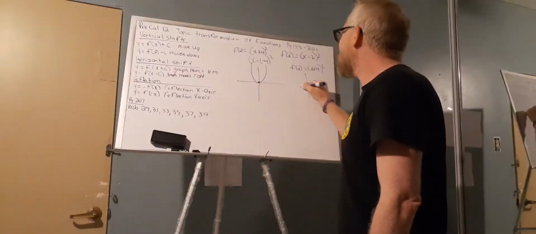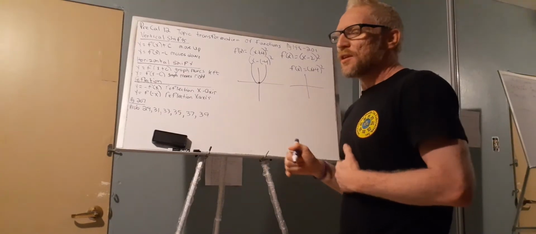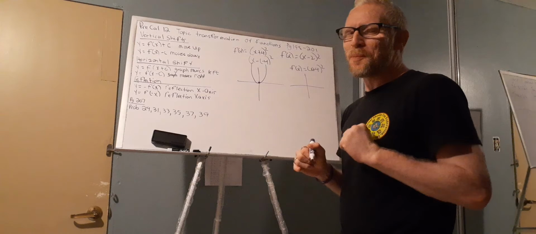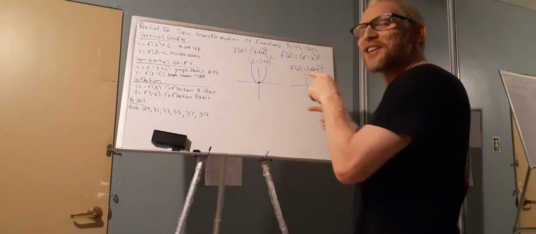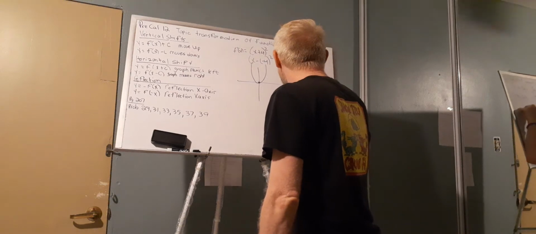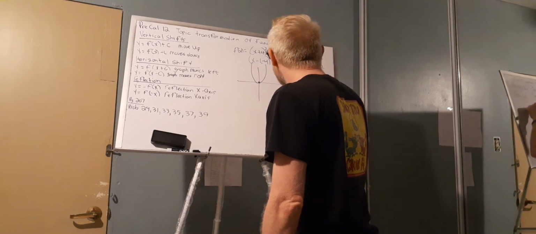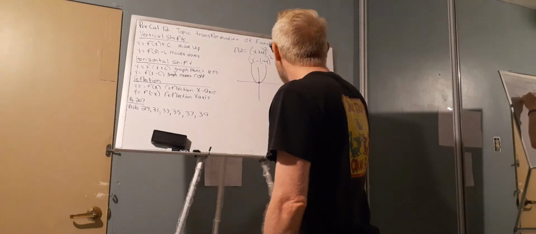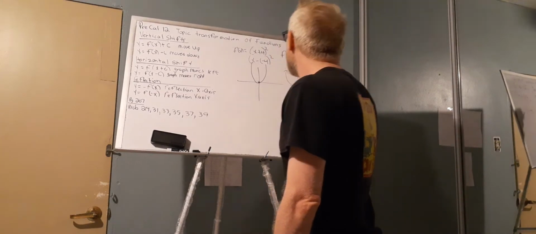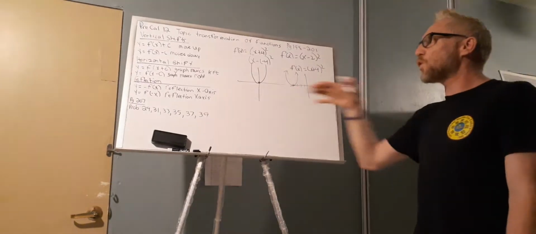So, if 0, 0 is my origin, but there's a horizontal translation to the left, that means I'm going to move, in this case, you guessed it, you know you're paying attention, just like you do in class, 4 units to the left. So that means I'm going to count 4 spaces to the left, 1, 2, 3, and 4. And there it is. This is your graph of f of x equals (x plus 4) squared, 4 units to the left.